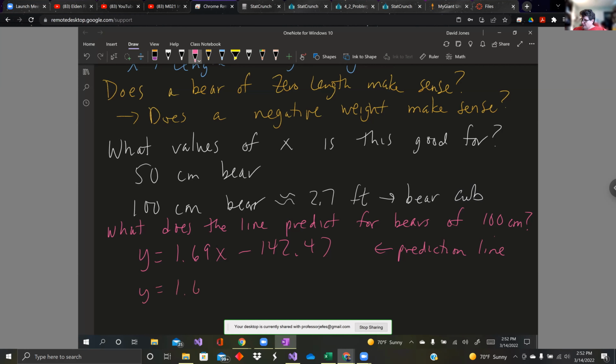Y equals 1.69 times that 100 minus 142.47. And that's about 26.5 kilograms.